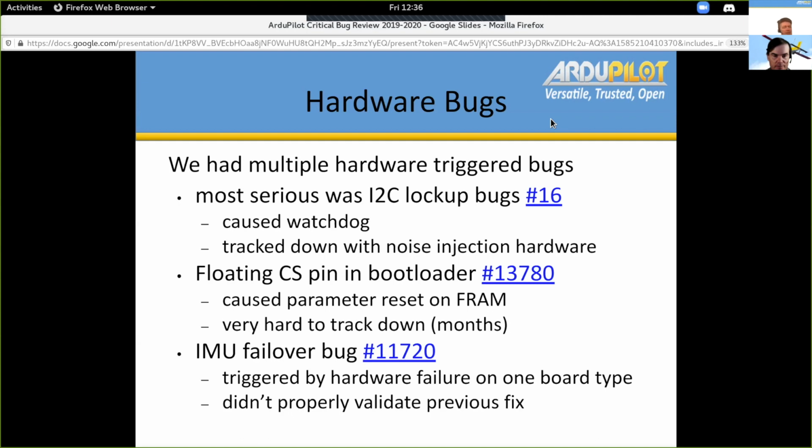Unfortunately, this kind of should have been part and parcel of the first one, where if you have a sensor cease to exist or cease to give you data, then we should use an alternate sensor. Unfortunately, we missed that bit, so we were failing to fail over to another sensor.